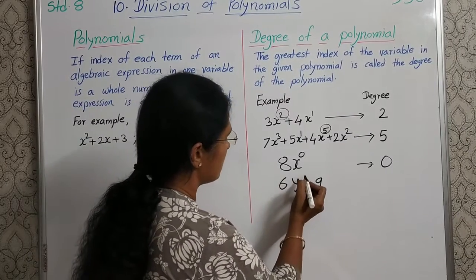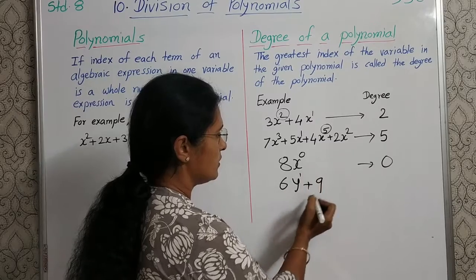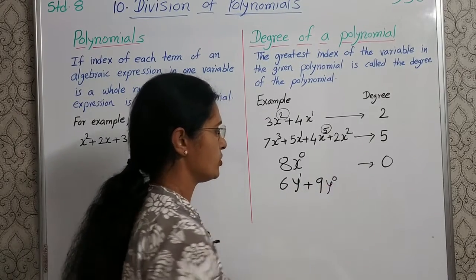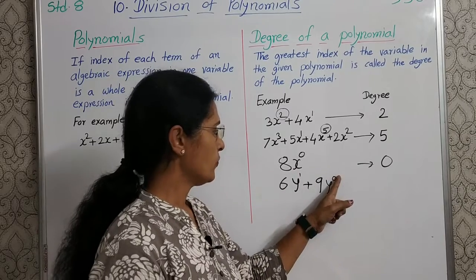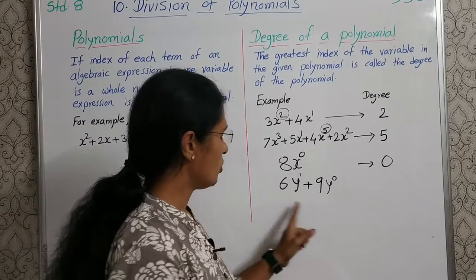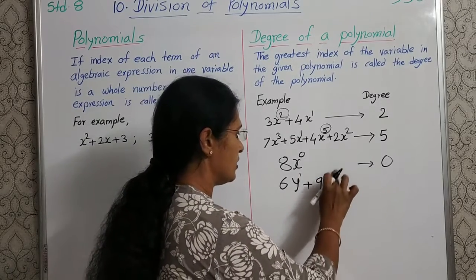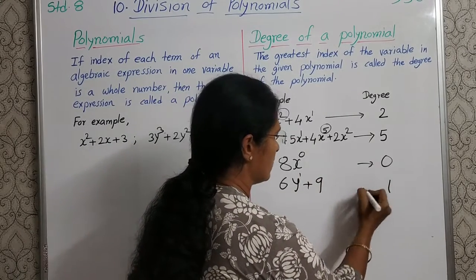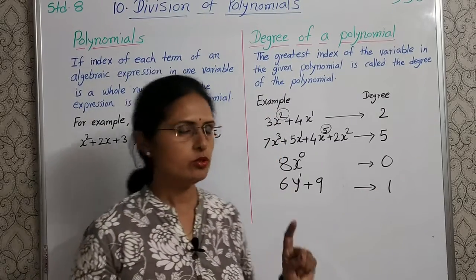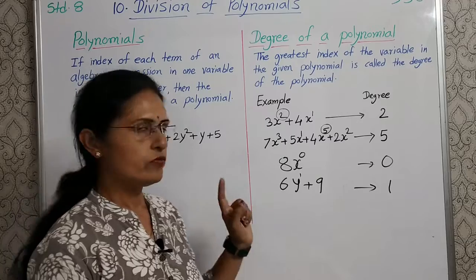Now see the index, here 1, and there is no variable, but if you want you can write y raised to 0. So 1 and 0, in that 1 is the highest index, therefore the degree of this polynomial is 1. So this is about polynomial and degree of a polynomial.